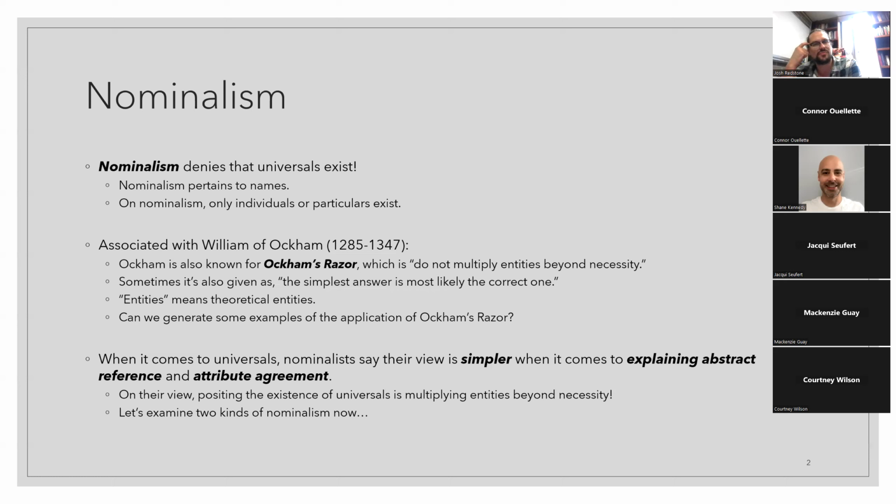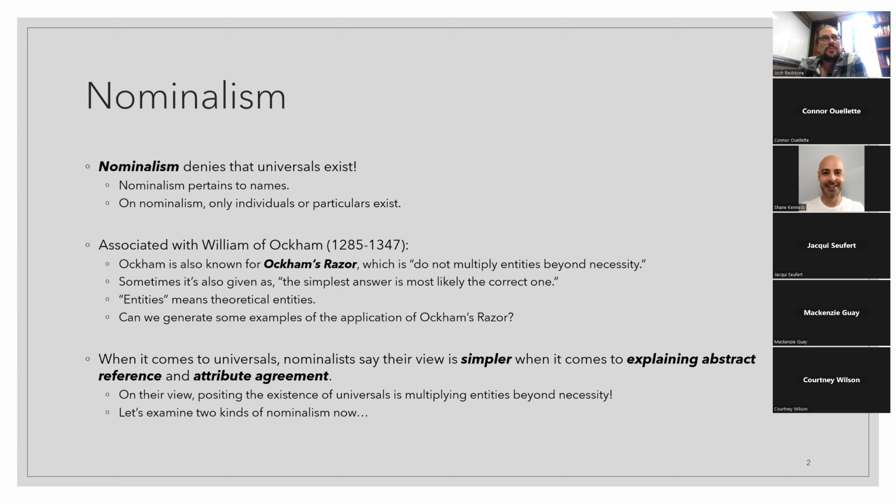So nominalism is associated with an English medieval philosopher named William of Ockham. And you may have heard of Ockham, particularly Occam's razor. William of Ockham is also famous for Occam's razor, which oftentimes is given as the simplest answer is most likely the correct answer.